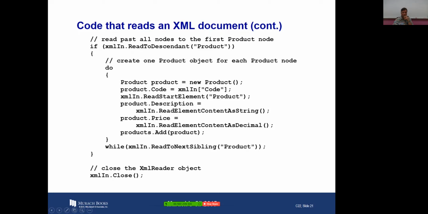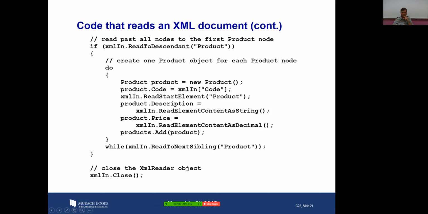We set the code for it, which comes out of the header, the beginning tag for the element, and then we read the elements of the product, which includes a description and a price.